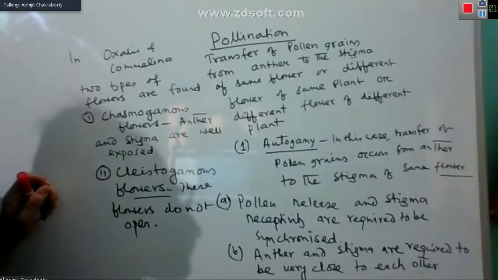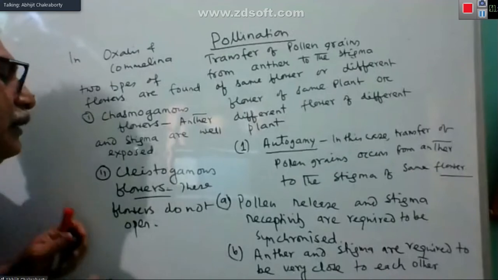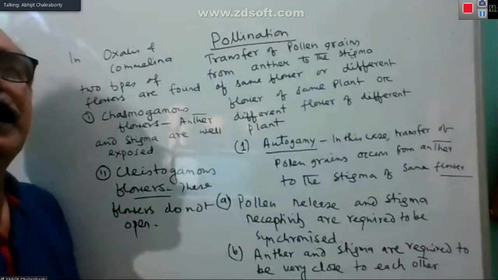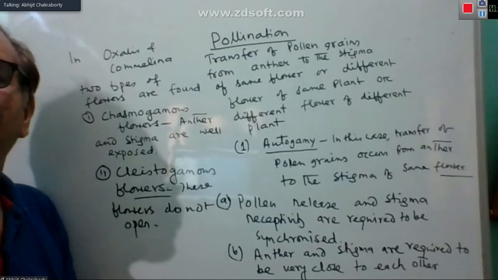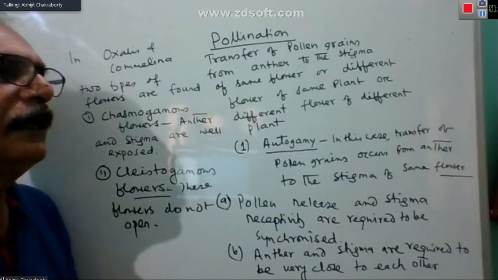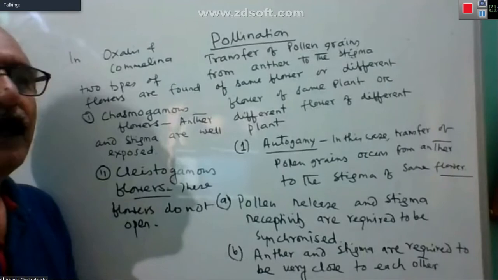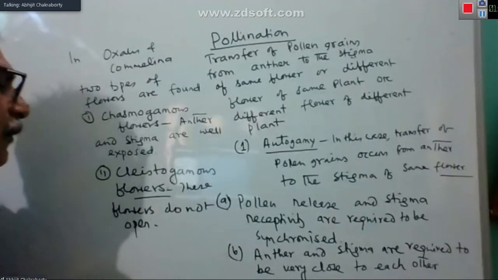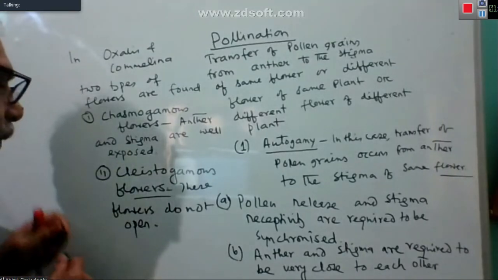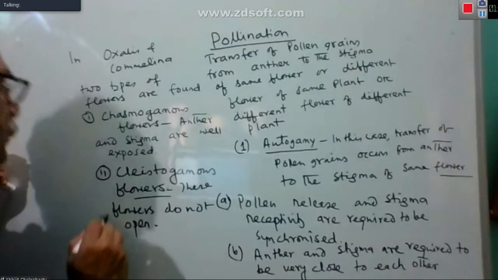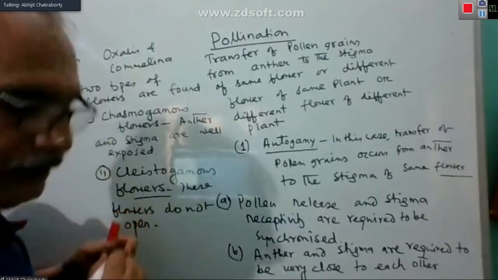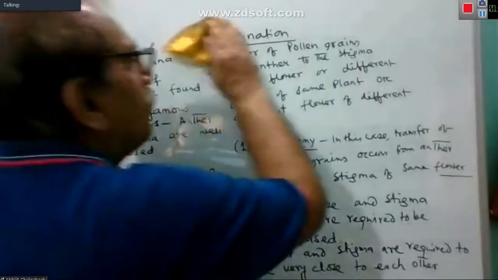So self-pollination is assured in case of cleistogamous flowers. Self-pollination is assured because here anther and stigma are found very close to each other and flowers do not even open. So this type of flowers, you can say, is a most important term coming in the entrance or even in board.